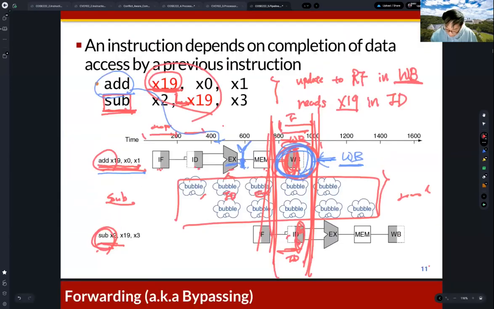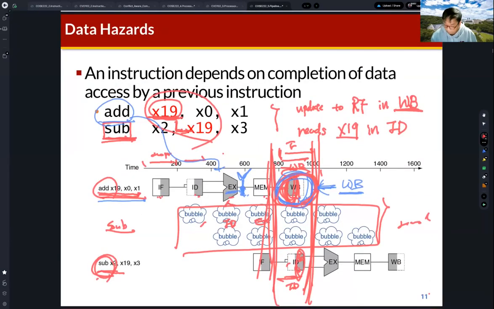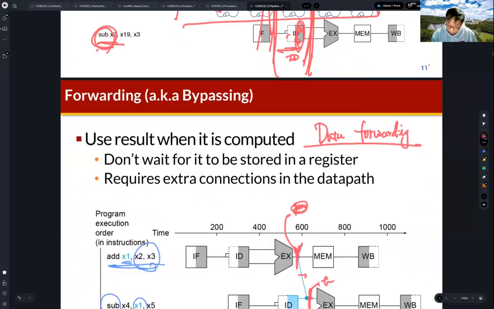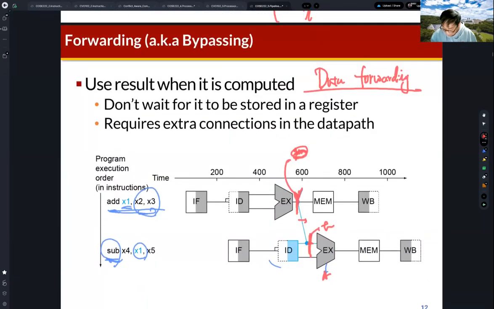Okay, so if we just focus on the write back, that means the register file. The register file is updated at this time, and if the sub instruction is here, then the sub instruction needs to read the data at this time. So this is not possible because this is the future and this is the past. But in this example, the add instruction completes, so the result of the add instruction is computed at this time, right?